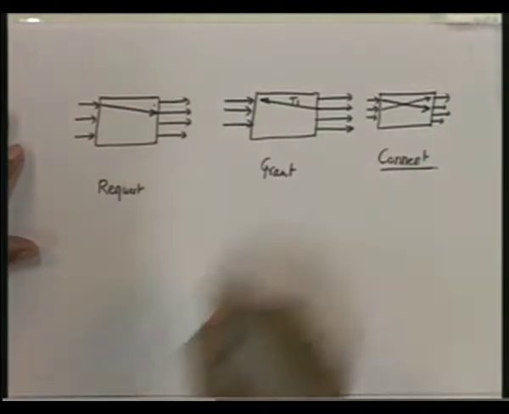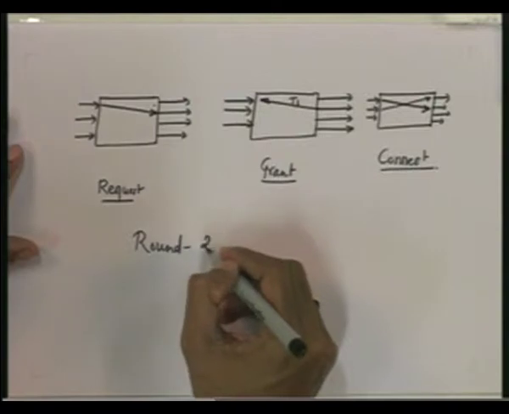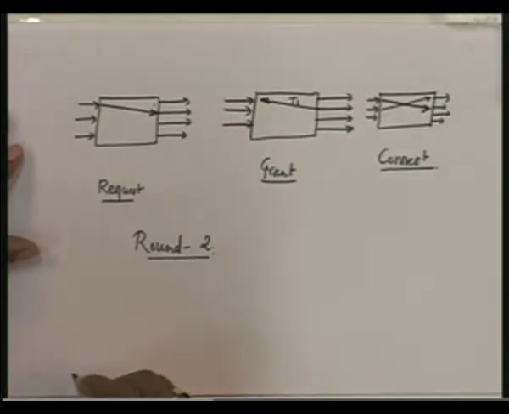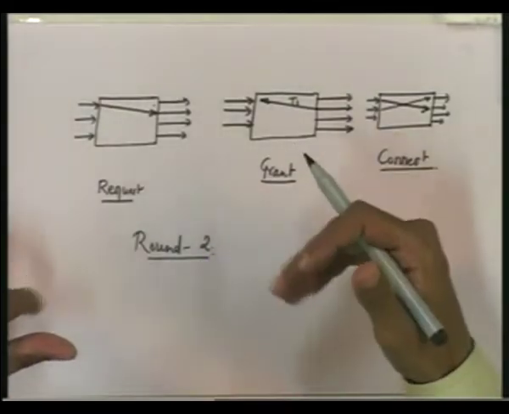This is happening in round 2. On, round 3 will happen, and that way the packets can be transmitted through this crossbar switch to the other end.